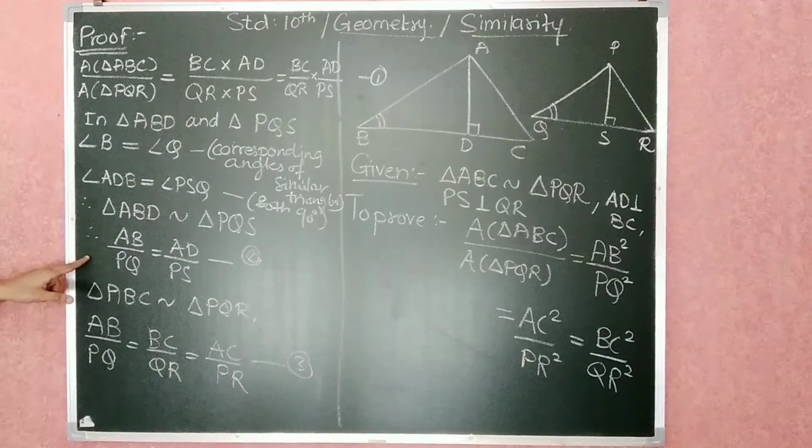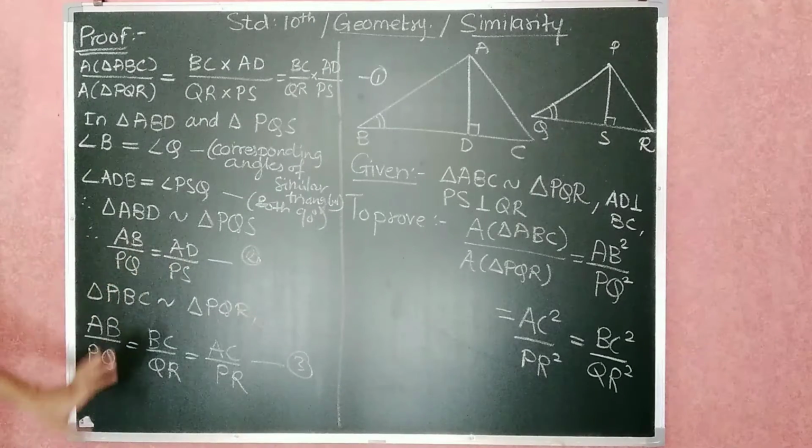Now in equation 2 and equation 3 we can see that AB upon PQ is equals to AD upon PS.